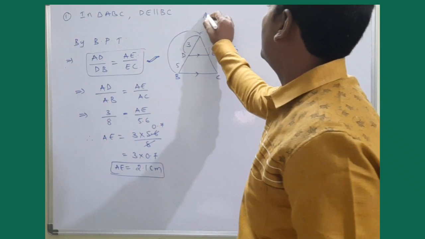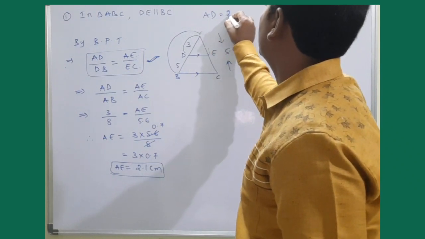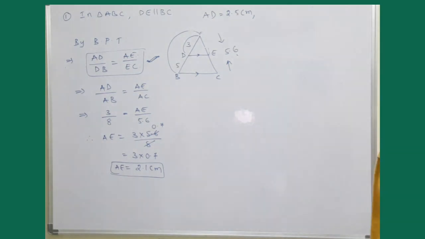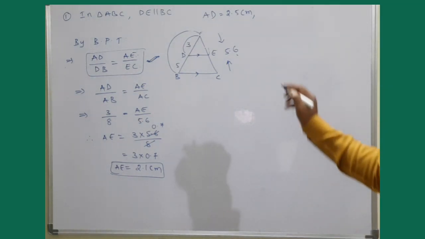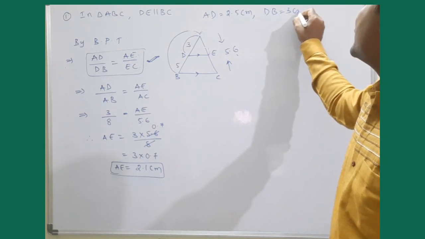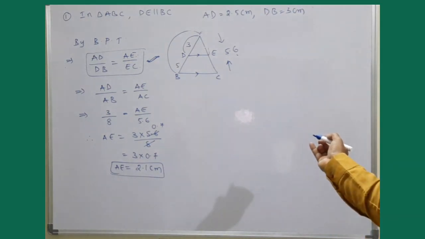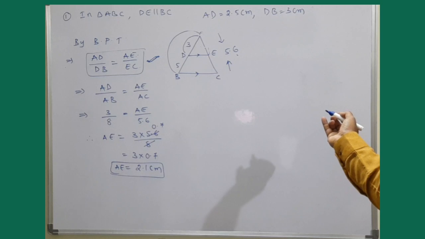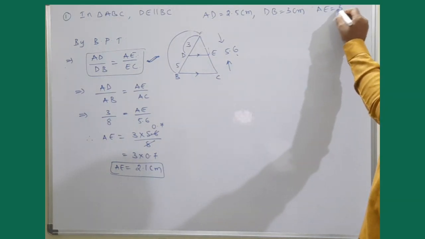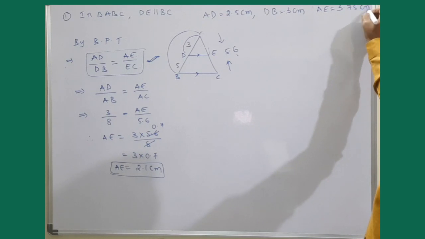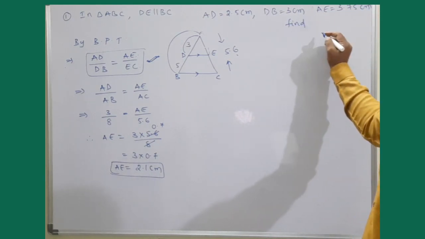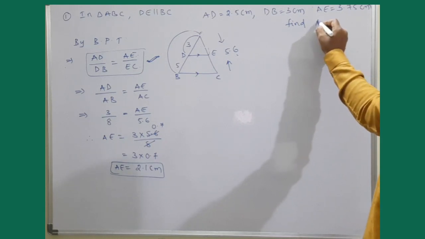Suppose AD is given as 2.5 centimeters, as well as DB equal to 3 centimeters, whereas AE is equal to 3.75 centimeters, and you need to find the AC length.